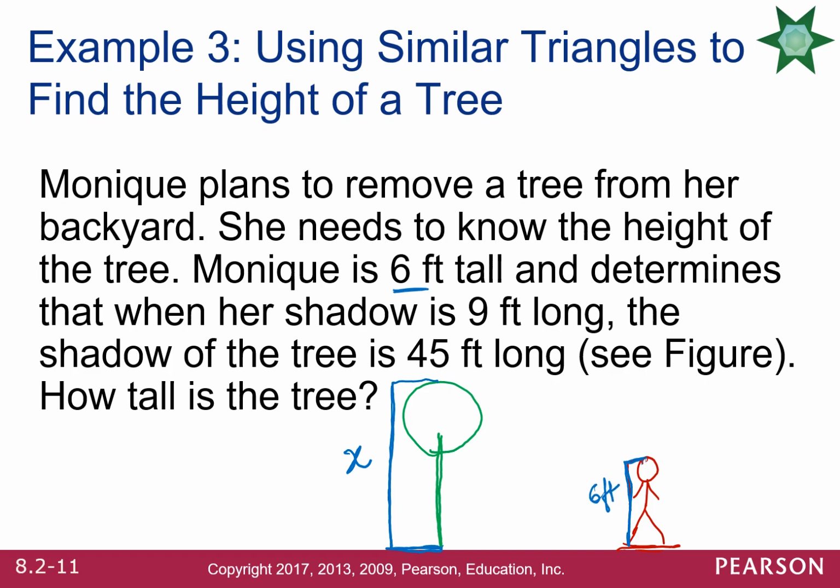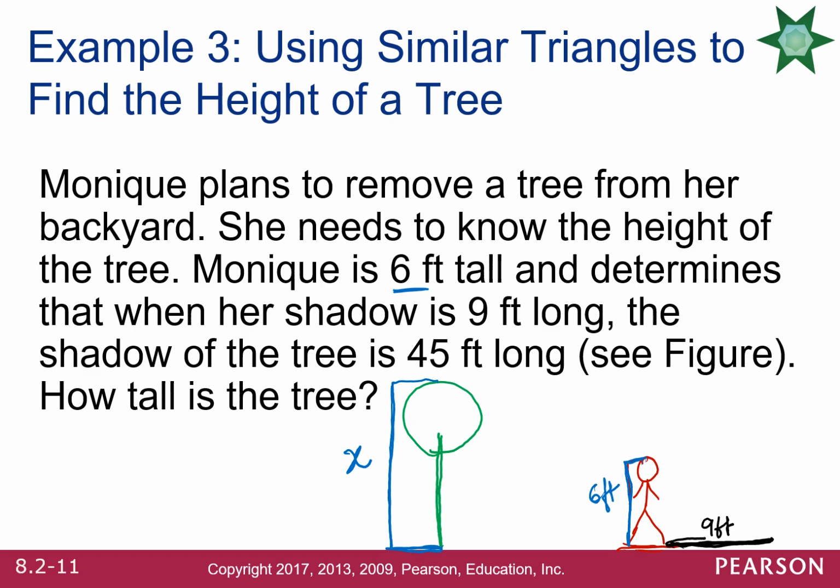And then she says that her shadow at a certain point in time is 9 feet long. So her shadow would fall on the ground. So I'm going to show the shadow like this, falling on the ground. And that's 9 feet long. All right, so this measure is 9 feet.